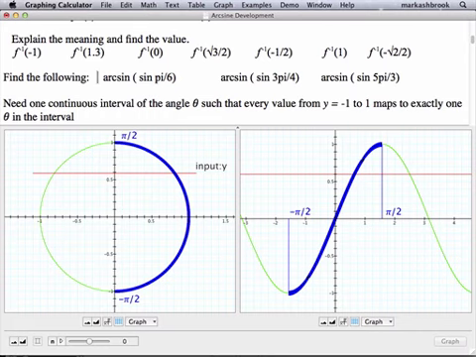Okay, now find these expressions. The arcsine of the sine of pi over 6. The arcsine of the sine of 3 pi over 4. The arcsine of the sine of 5 pi over 3. Go through the process and think about them. Talk them out.